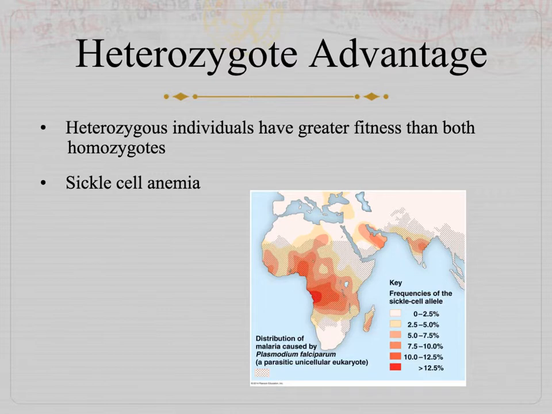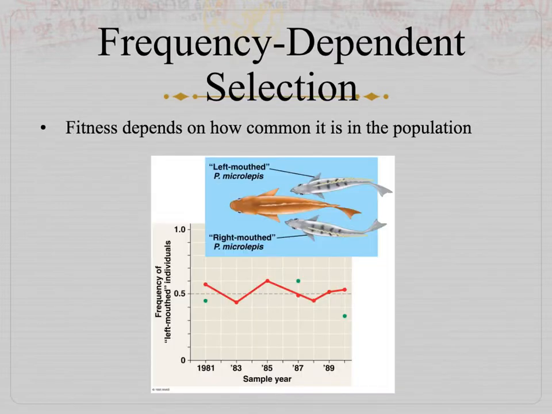People that are big S, they don't have sickle cell anemia, but they are susceptible to malaria because of the shape of their blood cells. People that are little s have sickle cell anemia, and most will die because of not being able to receive proper medical treatment. But in the heterozygous form, they have the advantage because they don't show sickle cell anemia, but they also don't get malaria. So that's the heterozygous advantage.